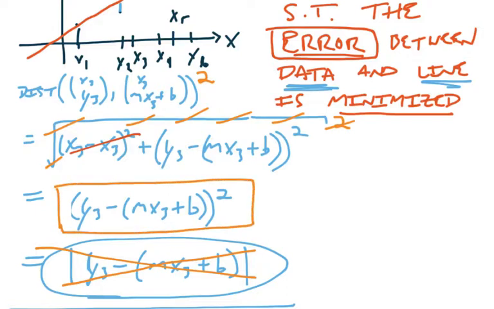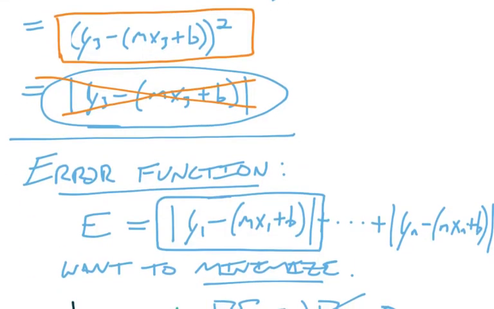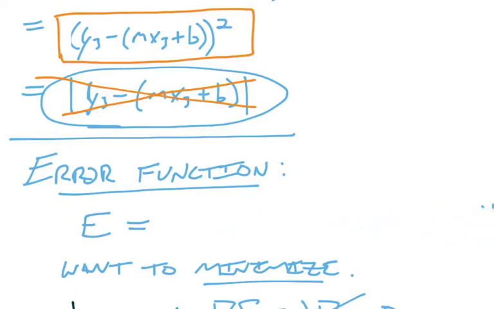In analyzing the distance from our data set to our line squared, what we end up with is a quadratic kind of thing, as opposed to an absolute value kind of thing. So what that's going to do for us, down here in our error function, is leave us with a quadratic error function. And on the surface, that might make it seem like it's going to be harder, because quadratics are not as nice as straight lines.